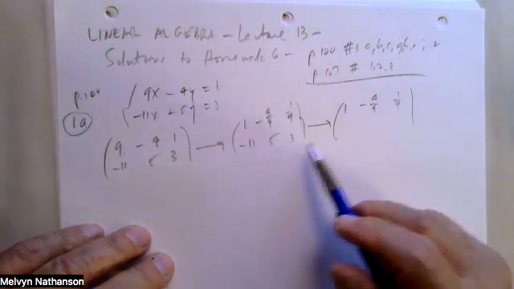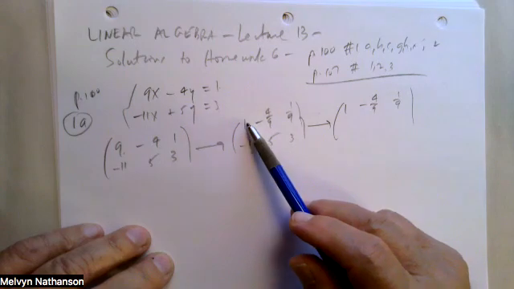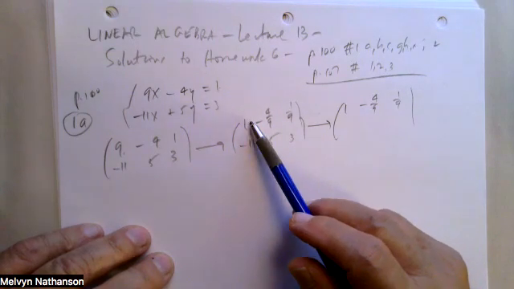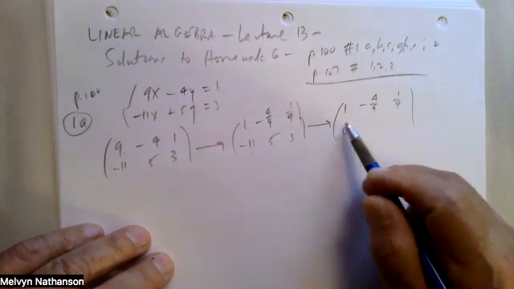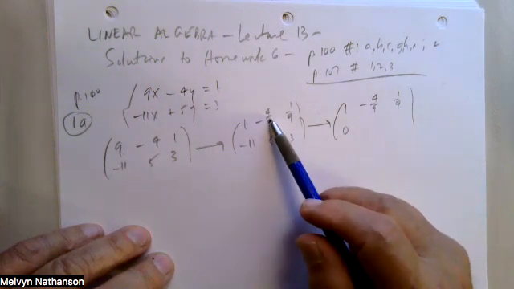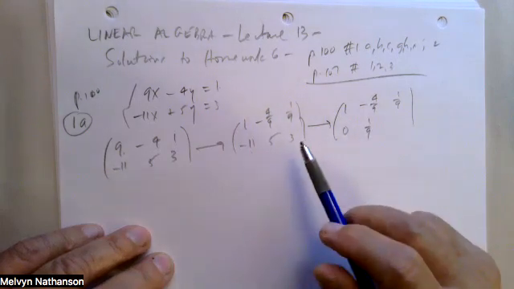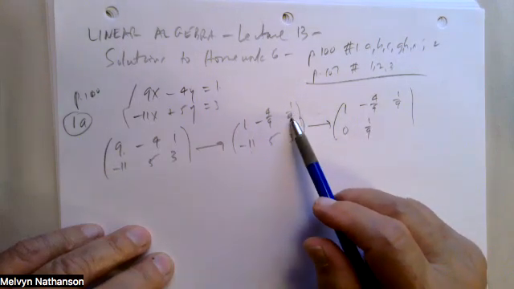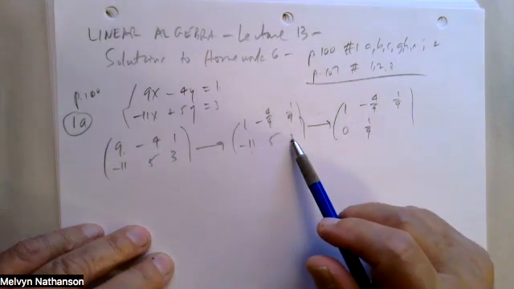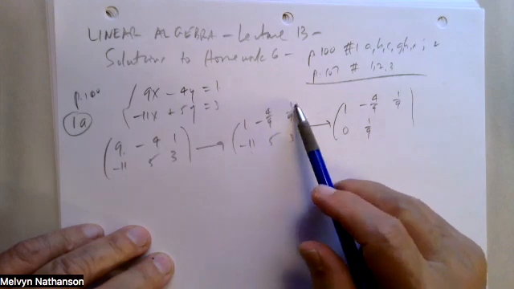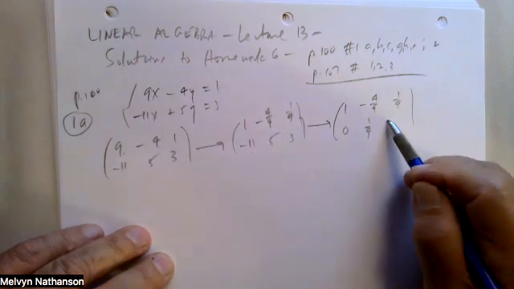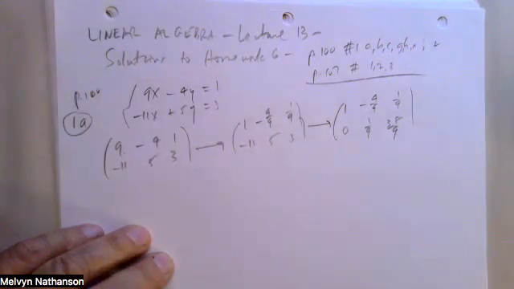I want to have 0 here, so I multiply this row by 11, and 11 minus 11 is 0. Minus 44 over 9 plus 5 is 1 over 9. 11 over 9 plus 3 is 27 over 9. 11 plus 27 is 38 over 9.